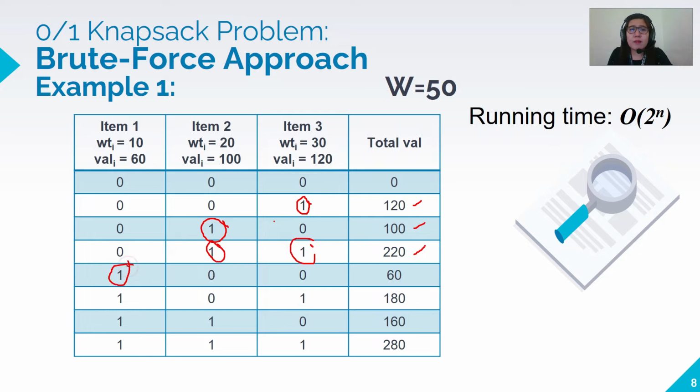And next, we have item 1, the value is 60. We have item 1 and item 3. The values are 60 plus 120, we have 180. Then, item 1 and item 2, that is 60 plus 100, we have 160. And lastly, we have 3 ones, all of the items, that is 60, 100, and 120, 280.